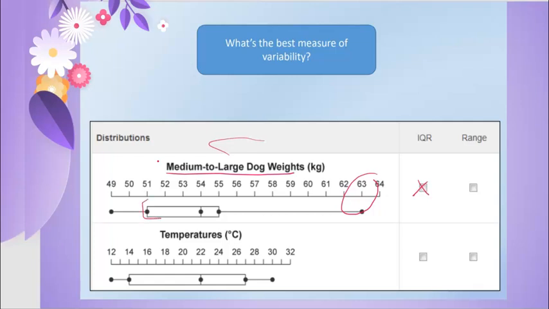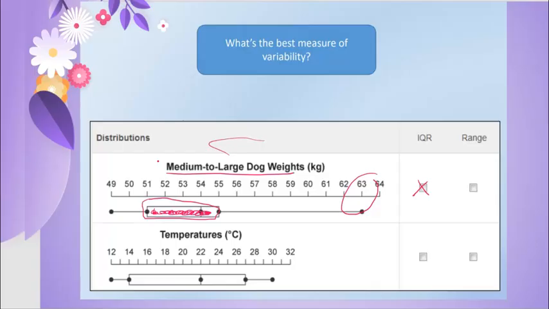Because of the outlier, our data will be skewed. So the better measure is this range here, the interquartile range, between 51 and 55, because this shows the middle 50% of the data.